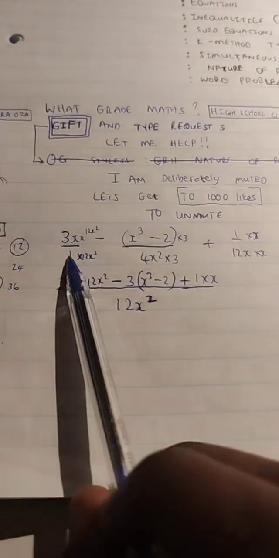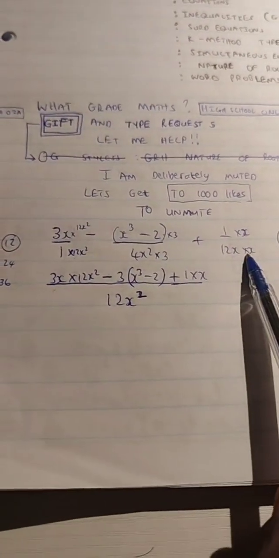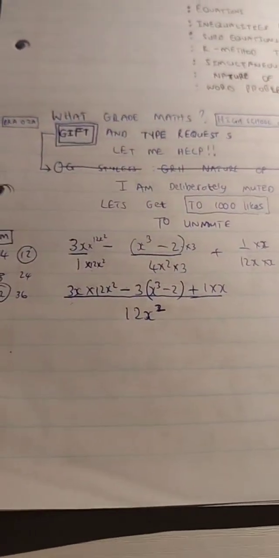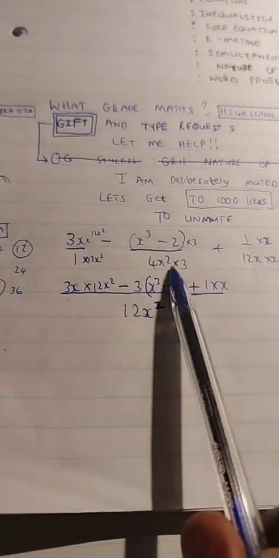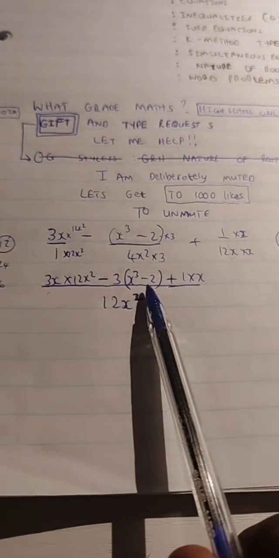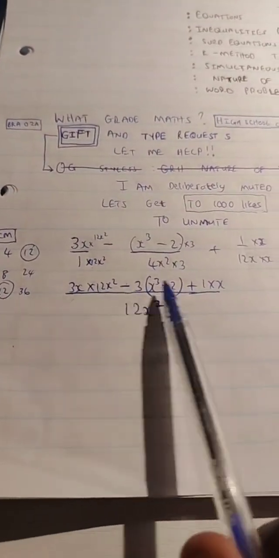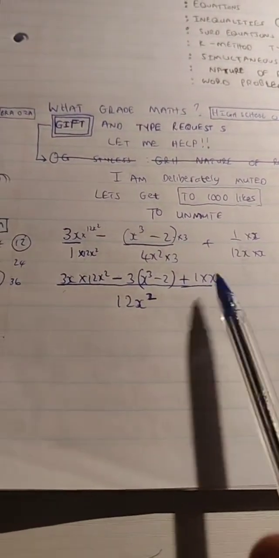So I'm going to write 1 common LCD, which is 12x squared, because I have formed the denominators to be like the LCD. And the rule of fractions says, once the denominators are the same, you keep the LCD. You can now add and subtract the numerators.